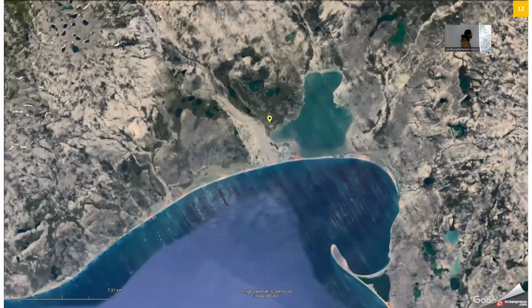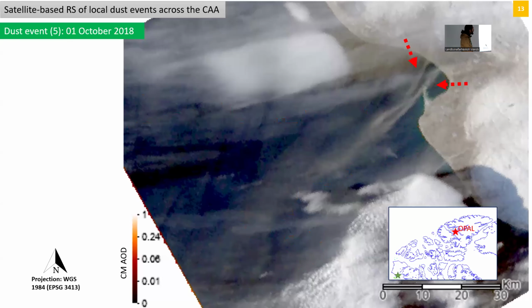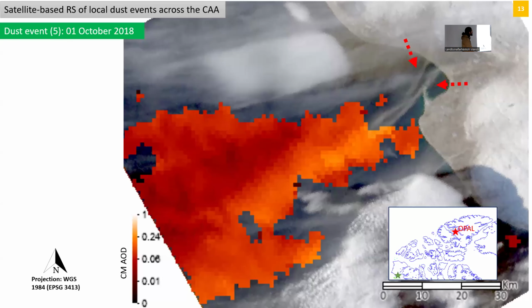Here is another dust region in the southern shore of Banks Island in the southern part of the Canadian Arctic archipelago. Again, you see a blinking image of Terra MODIS imagery and the coarse mode aerosol optical depths derived from the AOD product of MODIS on 1st October 2018.